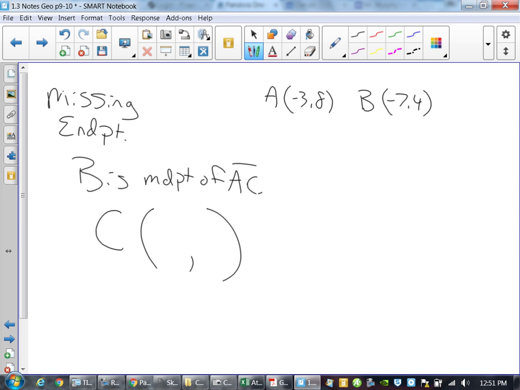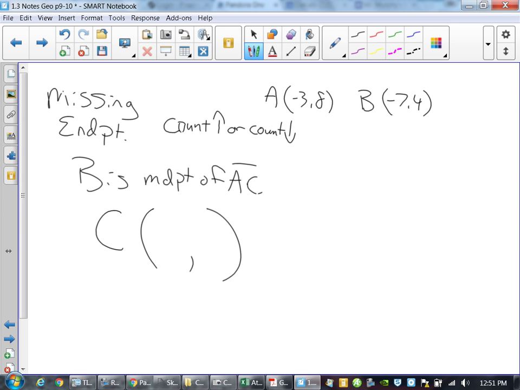So for the missing endpoint, if I have -3 and -7, you count up or you count down. Going from -3 to -7, are you going up or down? Down. How many? It's 4 less than -7, then. -11.